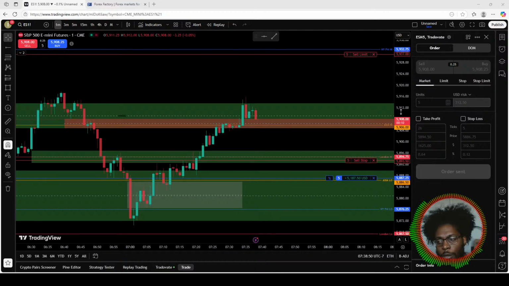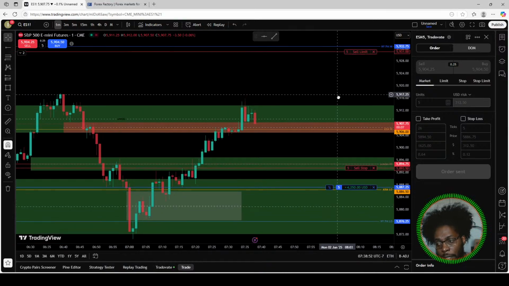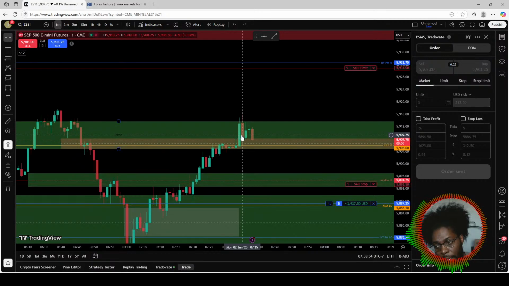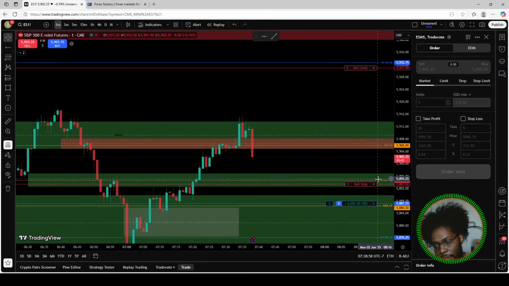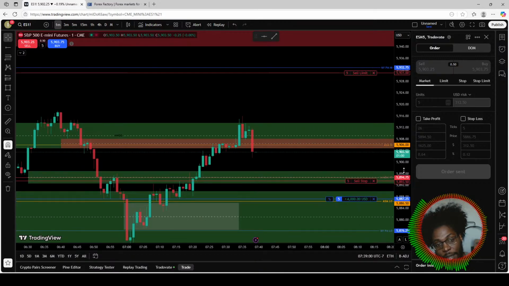So this isn't quite what I want to see right here, right? We created this lower candle, and then this, see that right there? That's what you got to be careful of. That's what I don't like seeing.